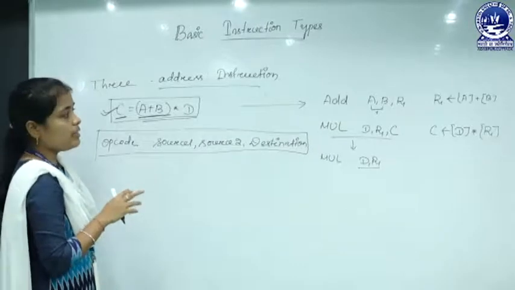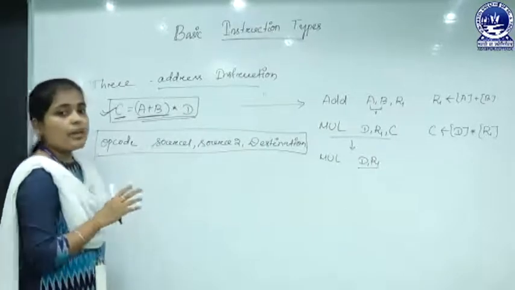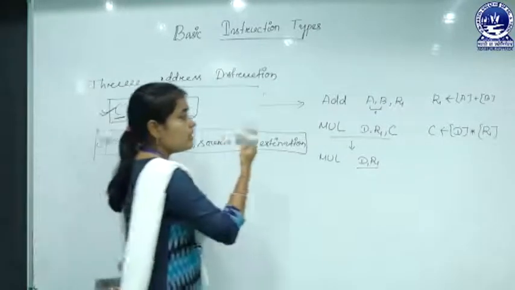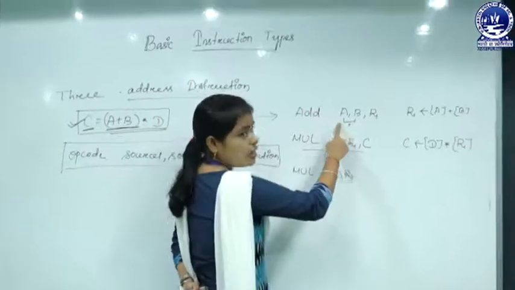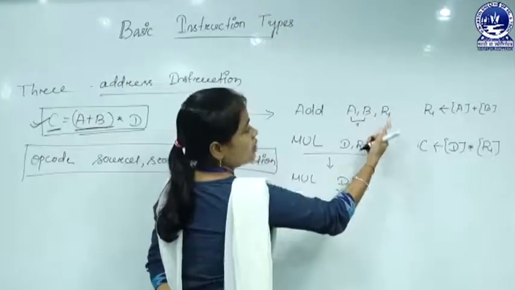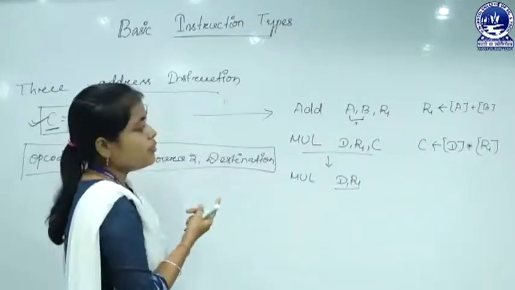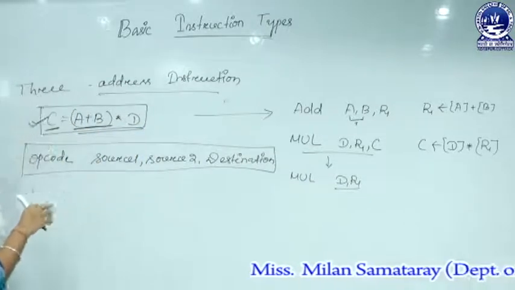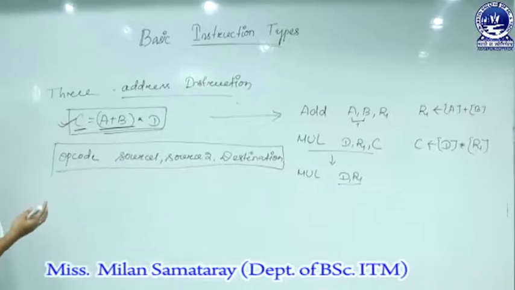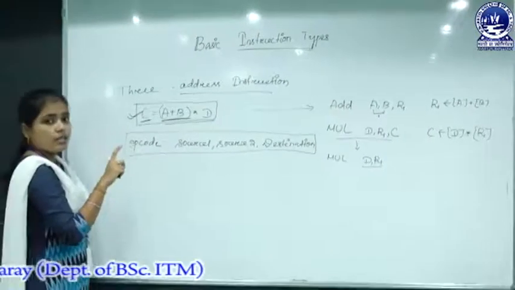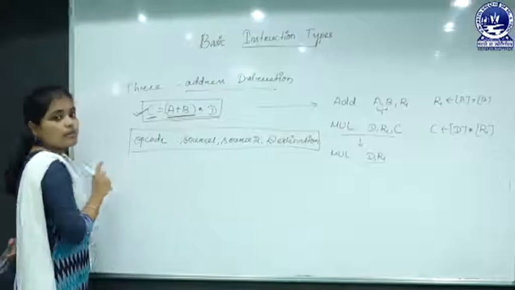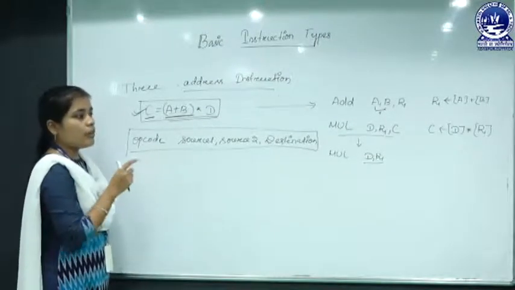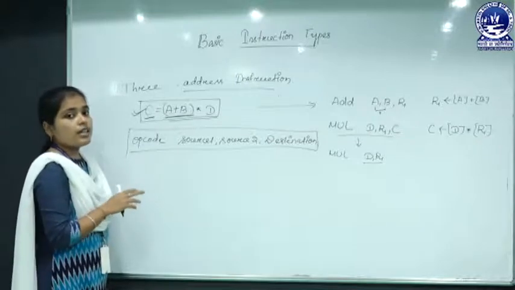That does not mean the elapsed time or the execution time is less, because here also we have to fetch the A value, fetch the B value, then perform the add operation. So you cannot say that when I decrease the number of instructions, the elapsed time decreases. Sometimes it is possible, but we cannot say the same for every instruction.